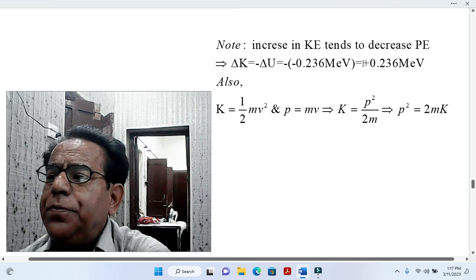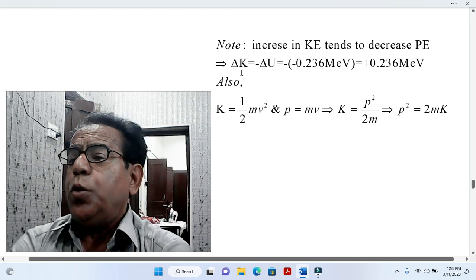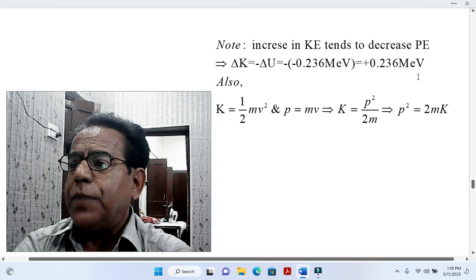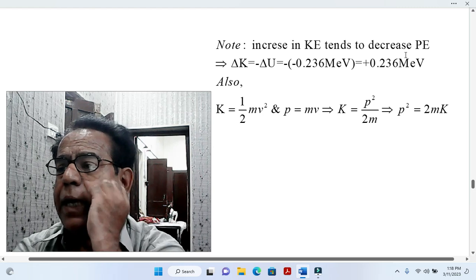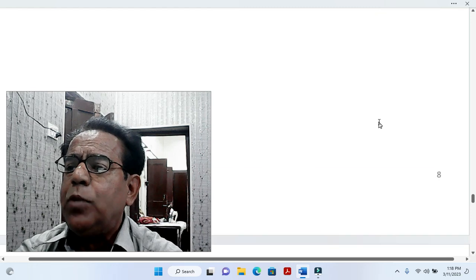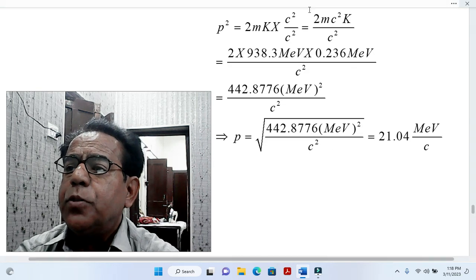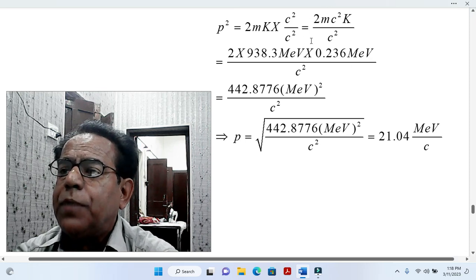Even if we do not write a plus sign, it will be assumed to be plus or positive. So in place of K we will use this value, and in place of mc square we will use the value given in the tool, which is in million electron volt over c square.